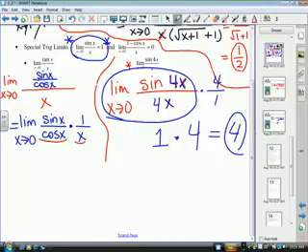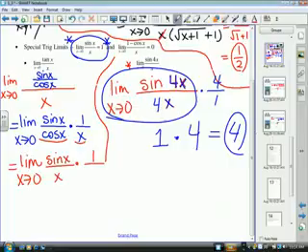It's the commutative property, remember? All right. So the commutative property tells us that it is legal to switch these around. Cosine of x times x is the same as x times cosine of x. That's a commutative property.